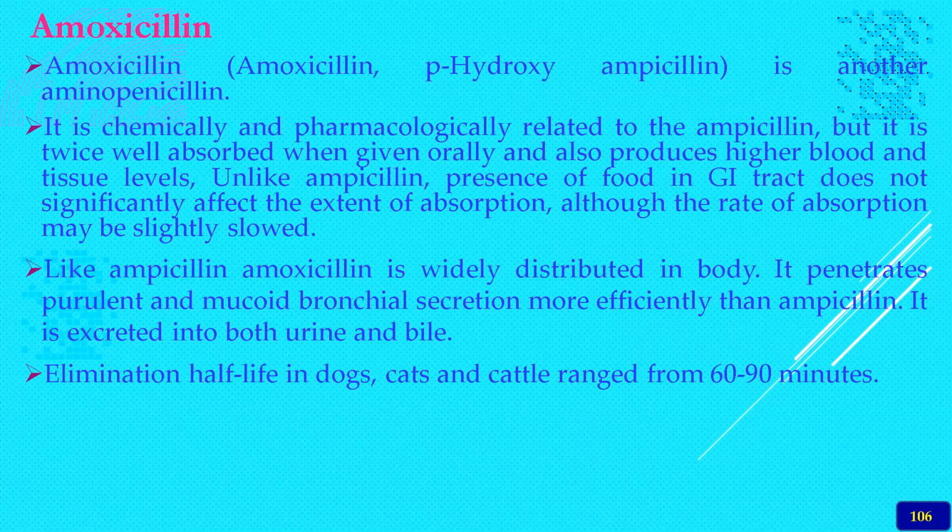Please remember that in cows, just after birth, they develop joint infection, which is caused by some of the enterobacteriaceae microorganisms. It penetrates purulent and mucoid bronchial secretions more efficiently than ampicillin. It is excreted into the urine and bile. The elimination half-life, as usual, is 60 to 90 minutes.